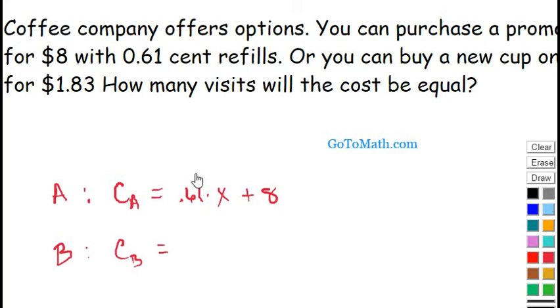It's $1.83 every time you come in. So CB equals 1.83 times X, where X is the number of refills, or the number of times you get coffee.